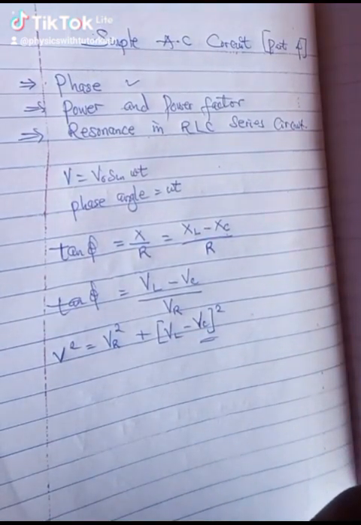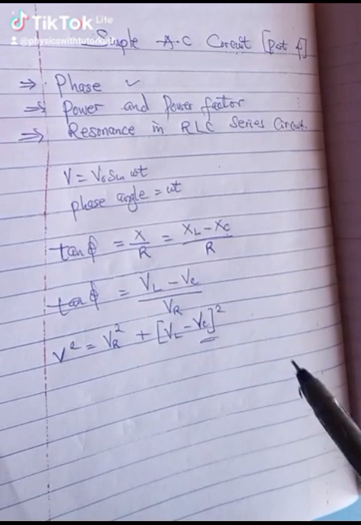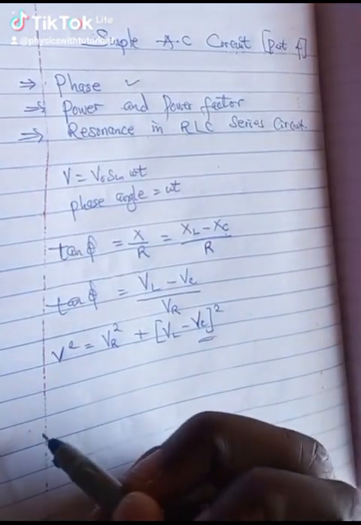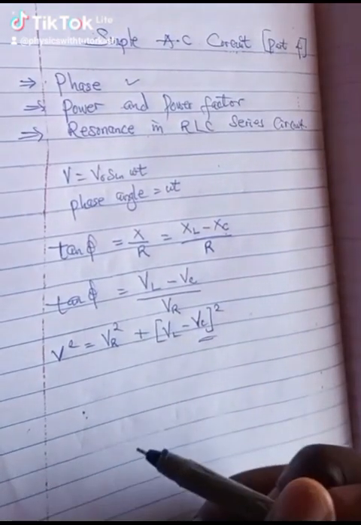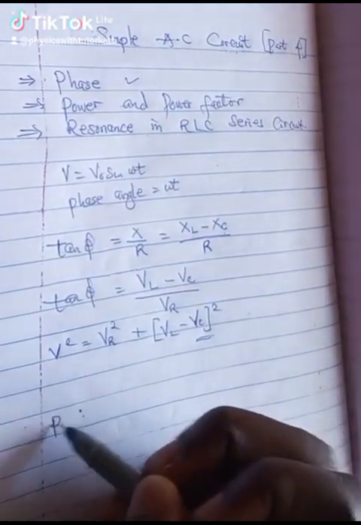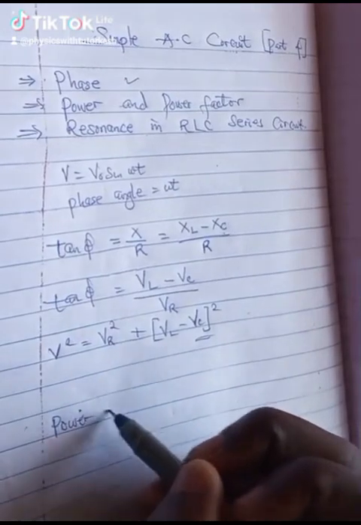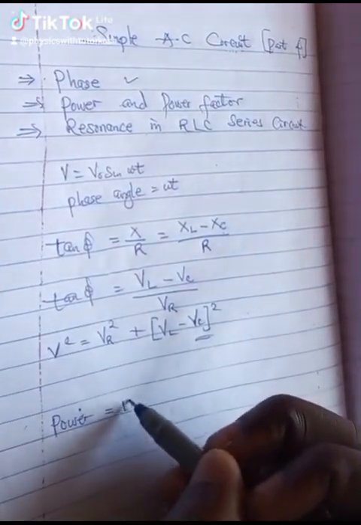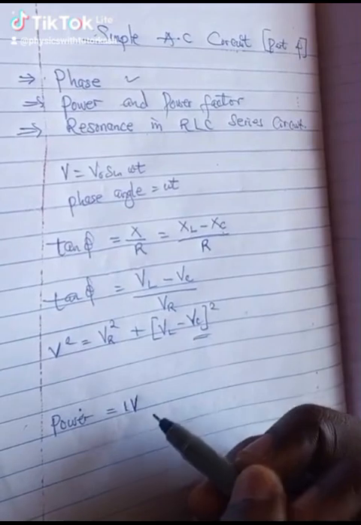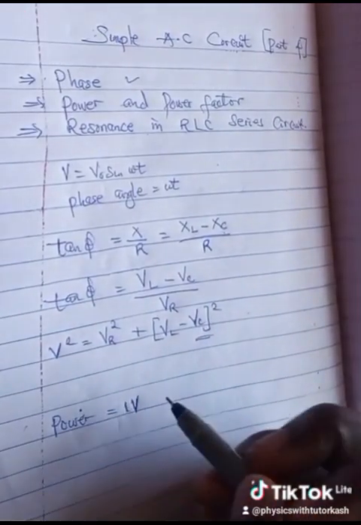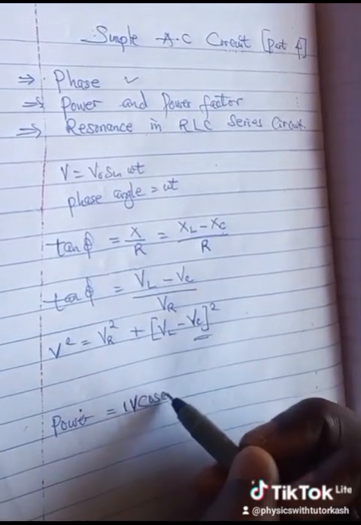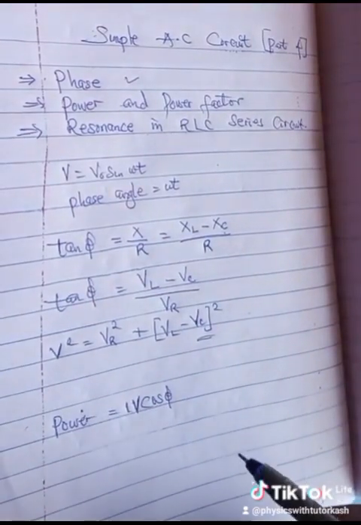So, having done this, let's get on to the next one, which is power and power factor. As we recall, power in an electrical circuit is equal to IV. But in this case, since we have phase for an RLC circuit, we multiply by the cosine of the phase angle.